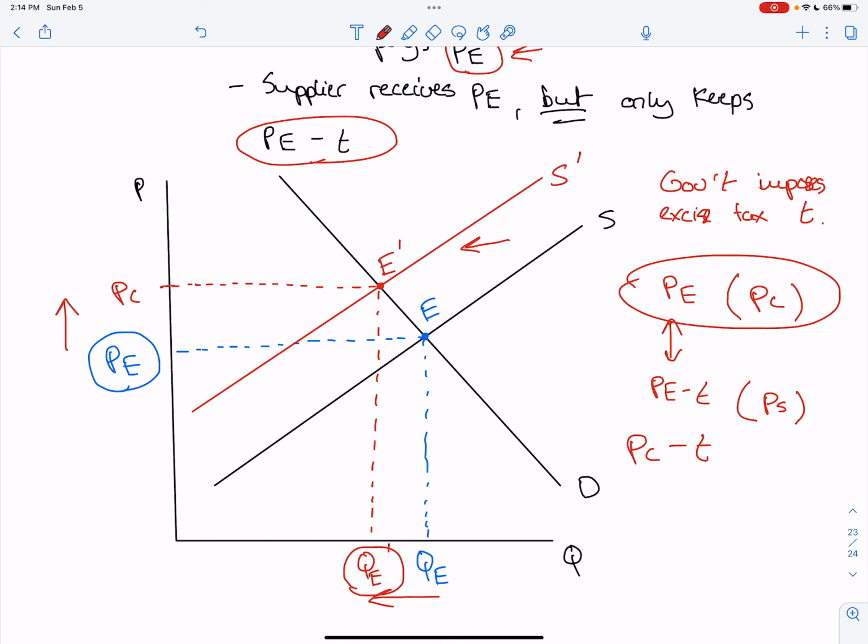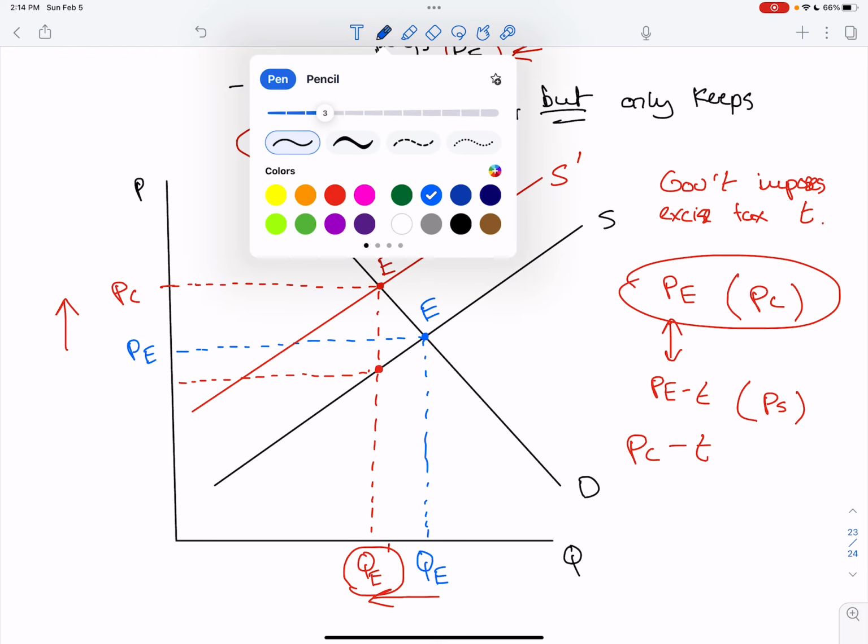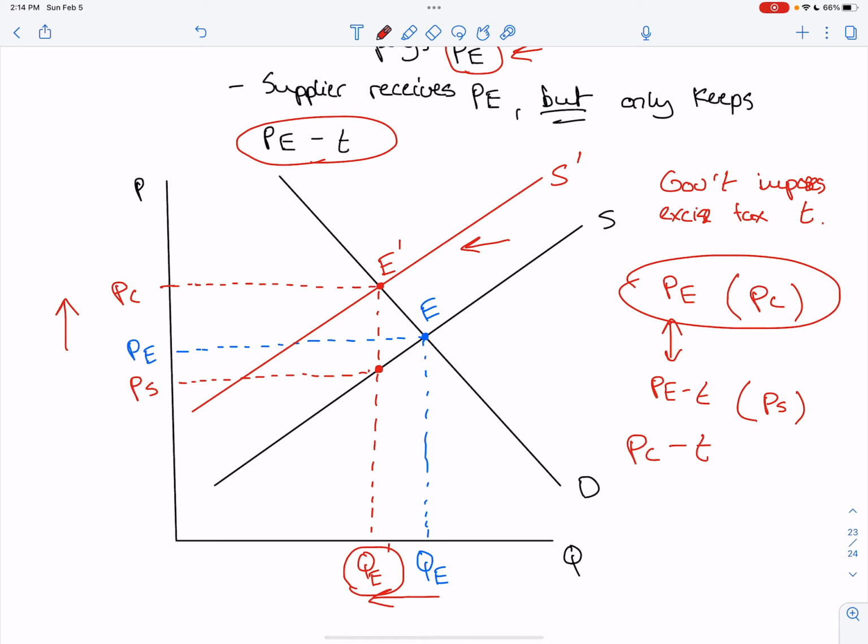Now let's go up to the supply curve and figure out the corresponding price. What is the corresponding price to that point? The corresponding price is right here, and we're going to call that PC minus T, or PS. So let's get this clear here. That's our old equilibrium price, and over here we have PS.